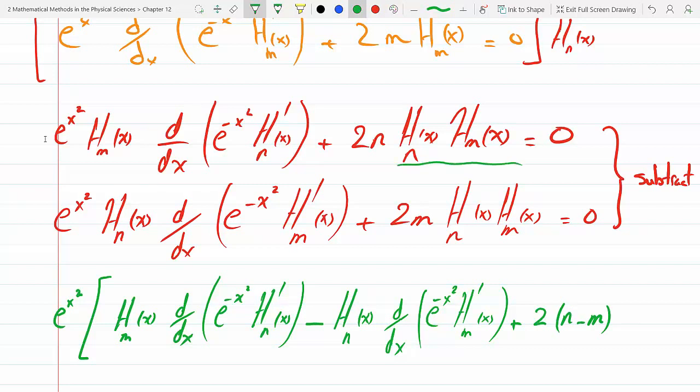These two terms are the same thing, so factor out 2, h_n h_m equals 0.